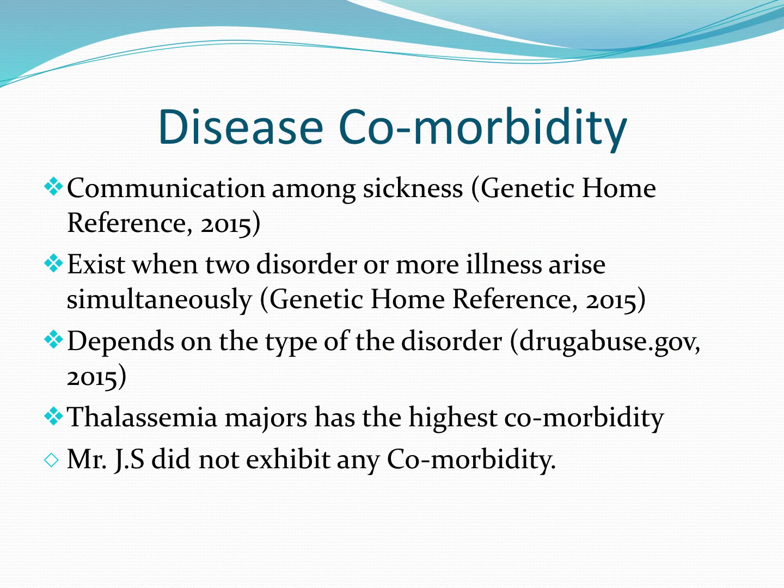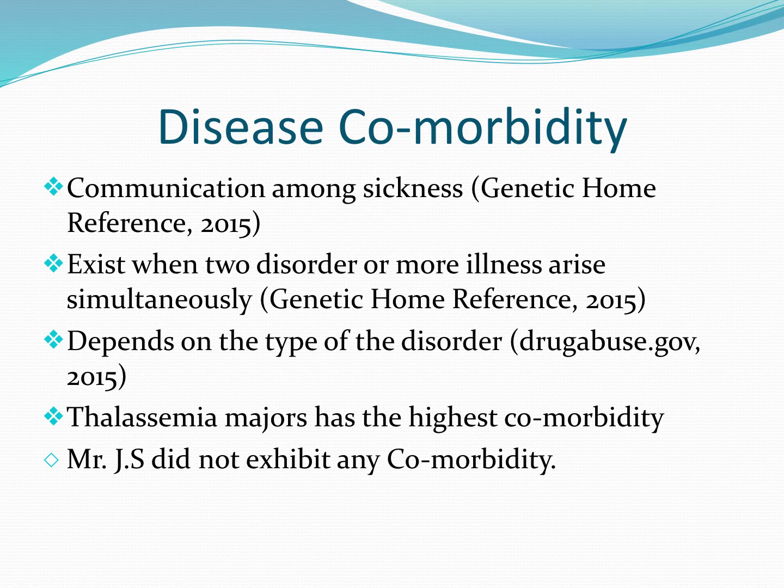So the disease comorbidity, per definition, is basically the communication among sicknesses. It happens when there are 2 or more illnesses that happen at once or at the same time. It depends on the type of disorder that someone has.